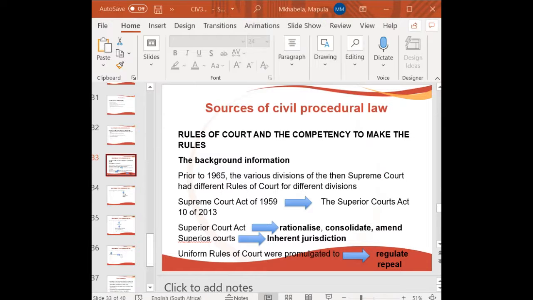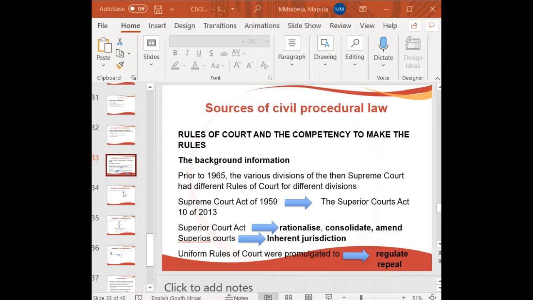In 2013, the Superior Courts Act was passed to rationalize, consolidate, and amend the law relating to the Superior Courts of South Africa.